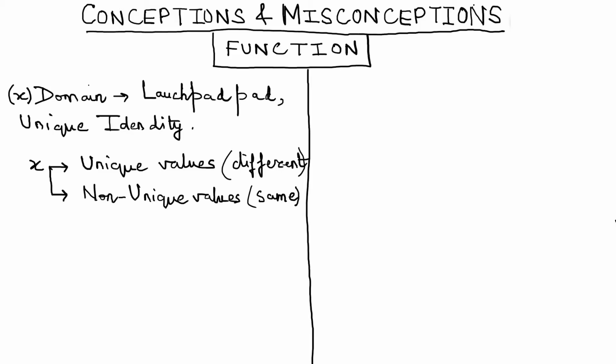So when we talk about the range, we know it is nothing but the dependent variable y, which is nothing but the destination point. We call it a destination point because it defines the destination. Defining the destination means it gives the value to it.